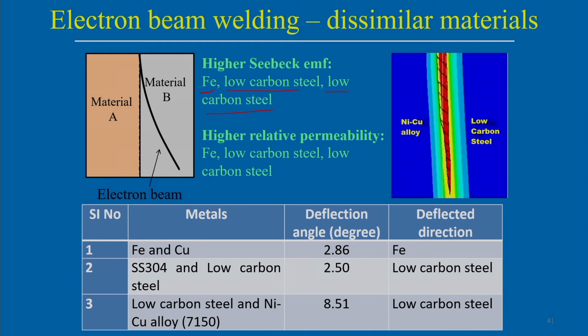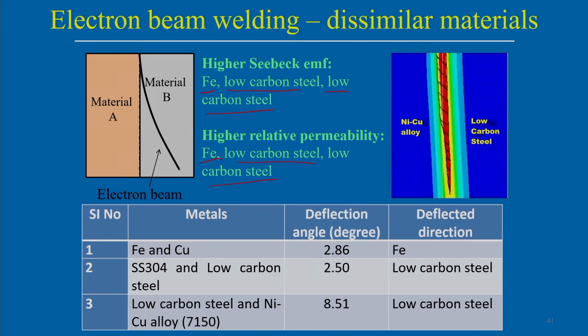There is a higher Seebeck electromotive force, but also higher relative permeability, since iron and low carbon steel have a high amount of relative permeability. So, in this case the beam gets deflected depending upon the combination of materials, toward one side of the material.